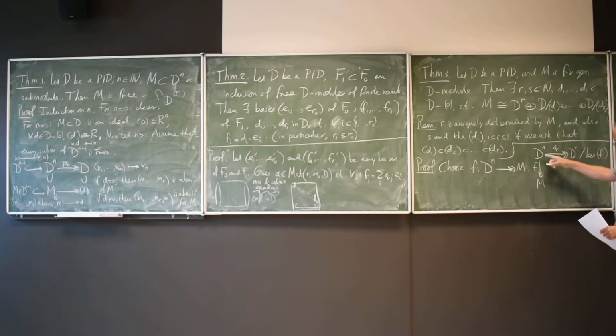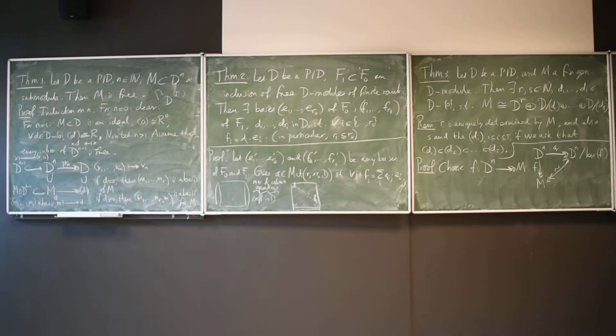Any map from D^n to some module that is 0 on the submodule that we divide out, for example this F is by definition 0 on the kernel of F, you get a factorization like this. But we divide out exactly by the kernel of F, so that means that this is injective. And because F is surjective, the image here is also everything. This is an isomorphism.